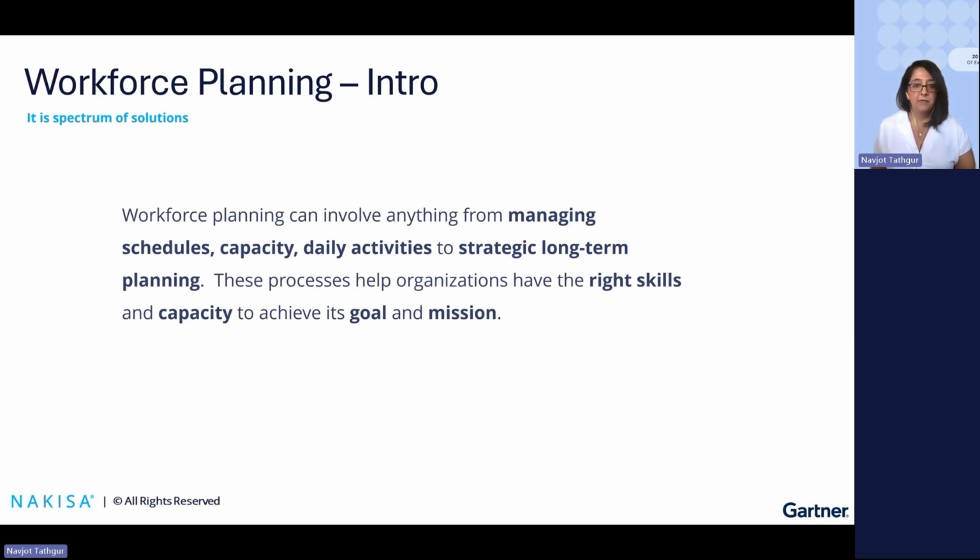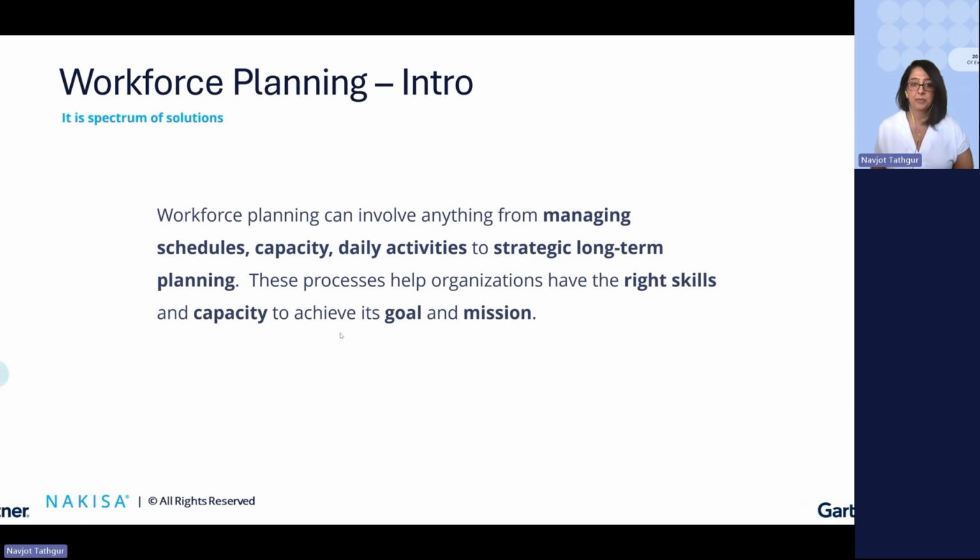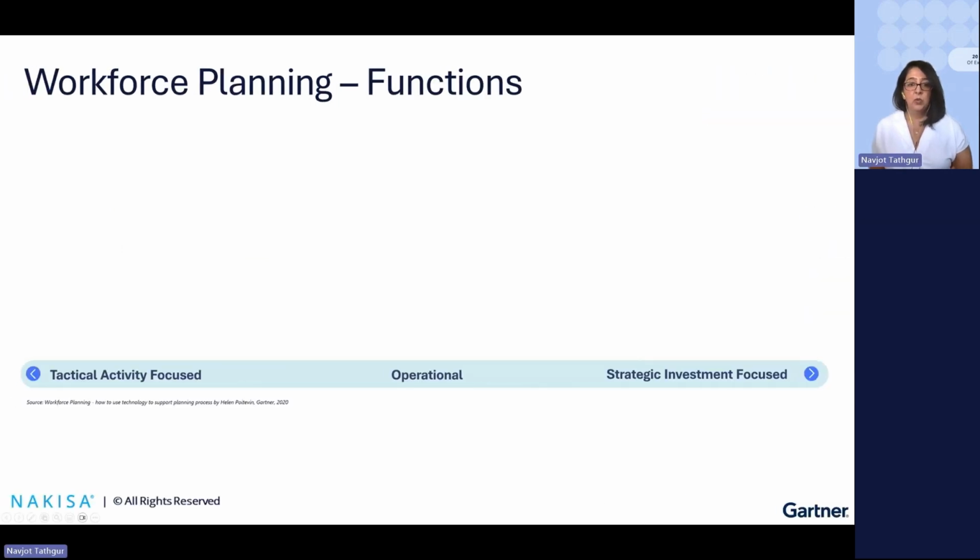It can involve anything from managing schedules, capacity, and daily activities to strategic long-term planning. These processes help organizations have the right skills and capacity to achieve their goals and mission. Each product approach targets a different aspect, from optimizing daily tasks to focusing on workforce capability for future business growth.